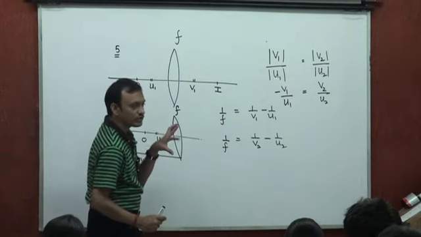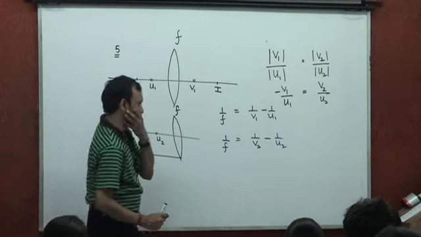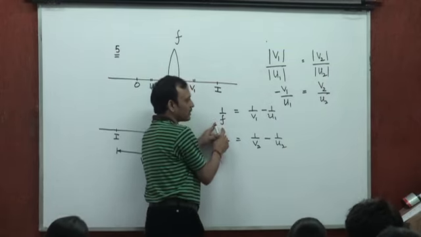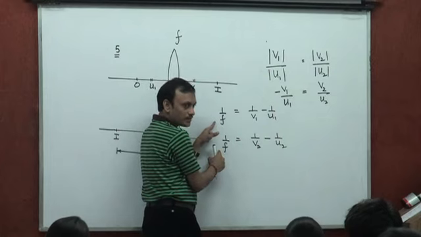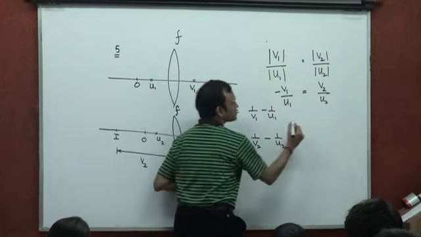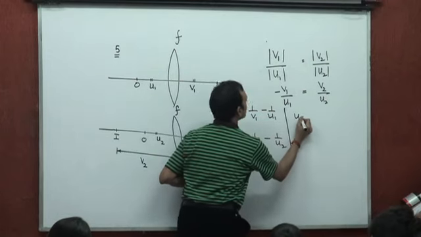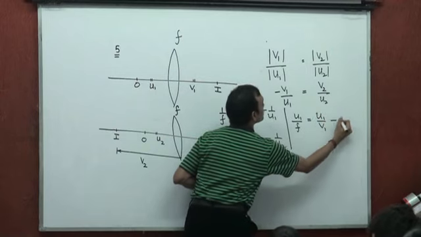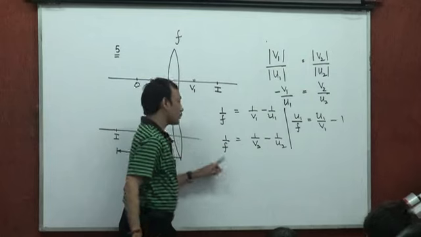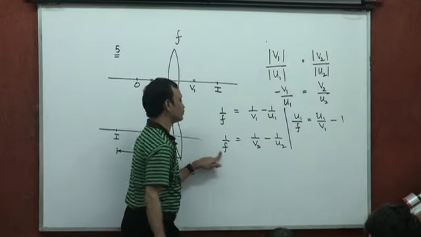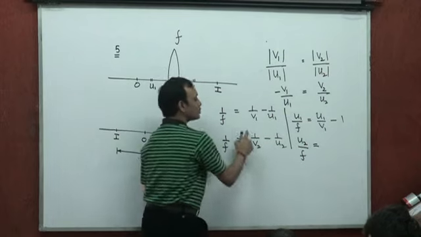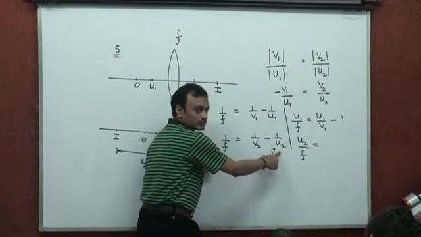I need to find f in terms of u1 and u2. So this equation I multiply by u1 and this equation I multiply by u2. When I multiply this equation by u1, then I get u1 by f is u1 by v1 minus 1. When I multiply this equation by u2, then I get u2 by f is u2 by v2 minus 1.